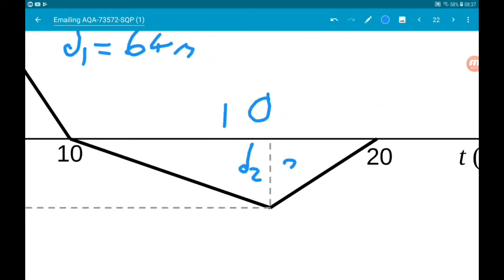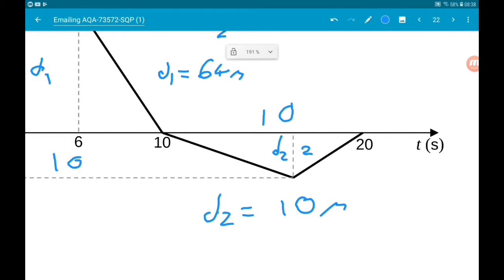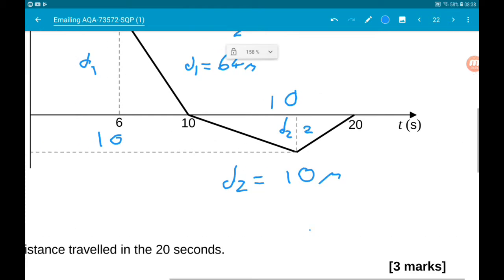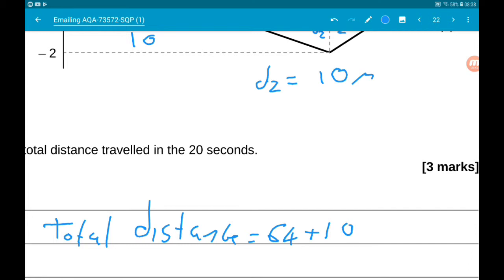So D2 is base times height, so 10 times 2 over 2. That's actually just 10 meters. So our total distance travelled is 64 and 10, which is 74 meters.